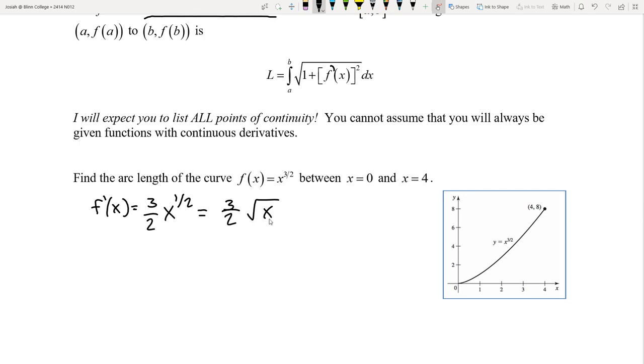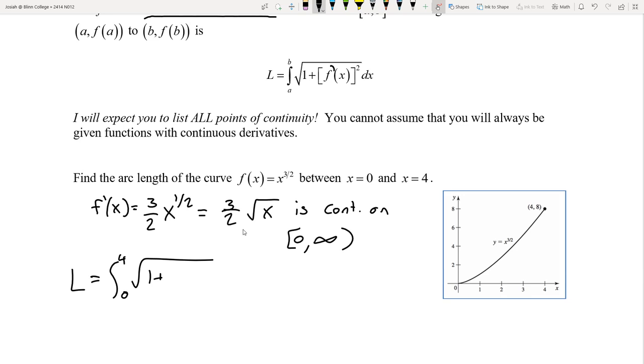This guy is going to be continuous, and I'll put continuous as CONT on 0 to infinity, which includes 0 to 4. And so we can go ahead and proceed. So we'll integrate from 0 to 4, root 1 plus this derivative squared, dx.